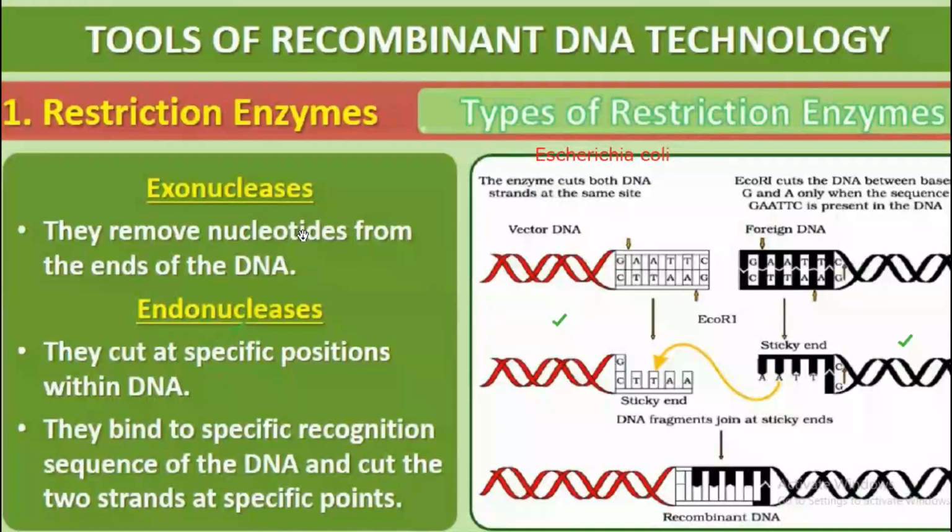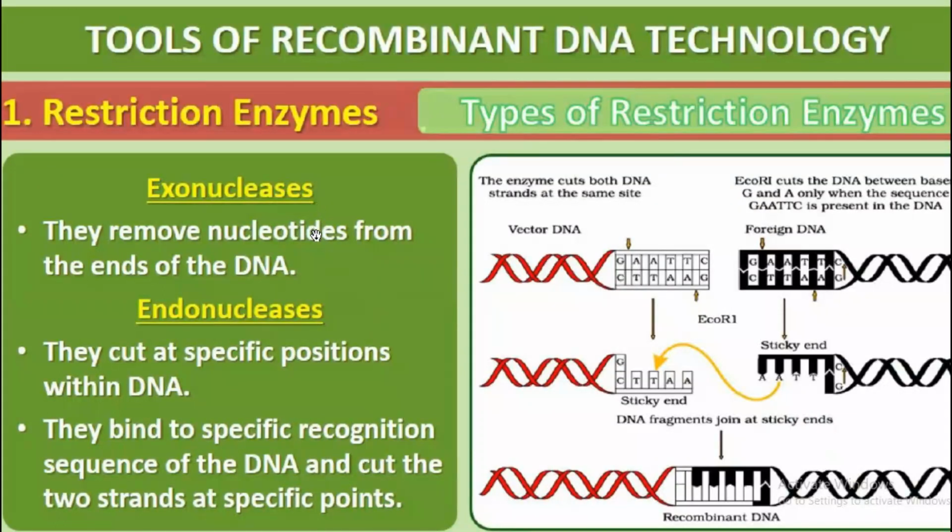Then there are two classes of enzymes. One is exonuclease and the other is endonuclease. Exonuclease enzymes are used to remove nucleotides from the end of the DNA.